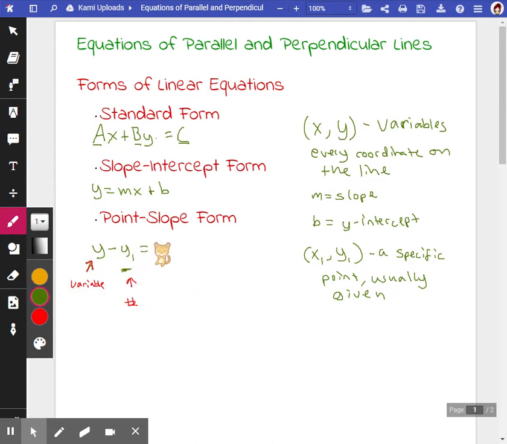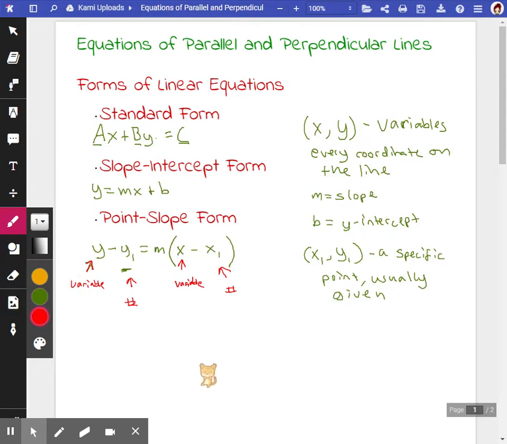And on the other side of your equation, all of this is going to equal your slope. And then in parentheses, you're going to do the same thing: x the variable minus x1 the coordinate. So y and x are going to be variables. They're going to stay letters. y1 and x1 are going to be numbers that you plug in out of the specific point that I give you and tell you the line is going to pass through.